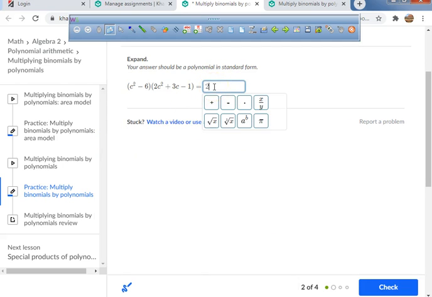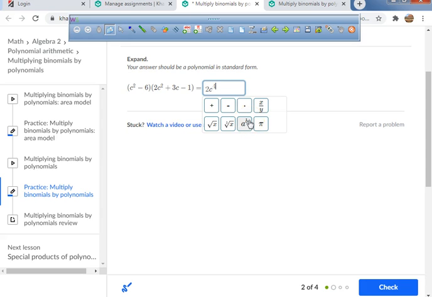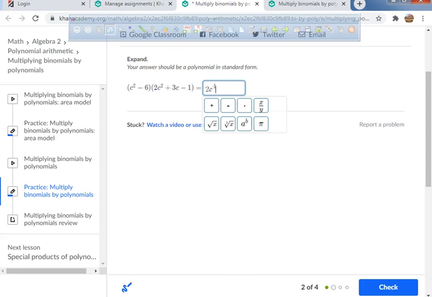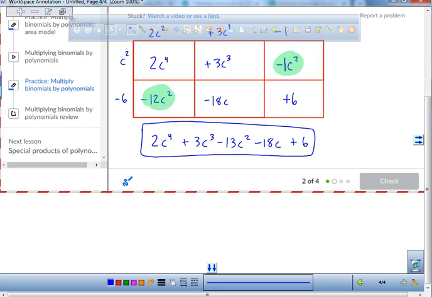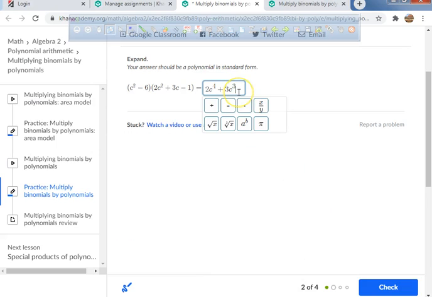Here we go. 2c to the power of 4. And then I look at what I got next. Plus 3c cubed. So I put plus 3c to the power of 3. All right. Minus 13c.